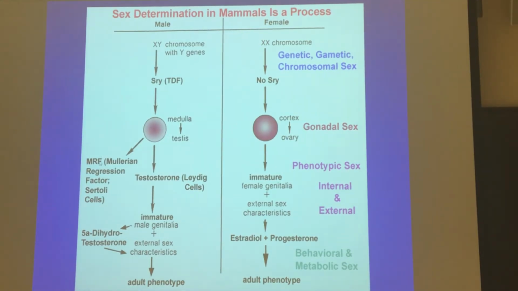This acts locally. So the testis on one side causes regression of the Mullerian duct on that side, not on the other side. The testis on the other side causes ductal regression of the Mullerian ducts on the opposite side. Testosterone acts centrally, so it supports ductal development on both sides.